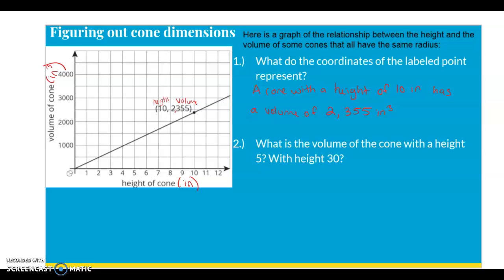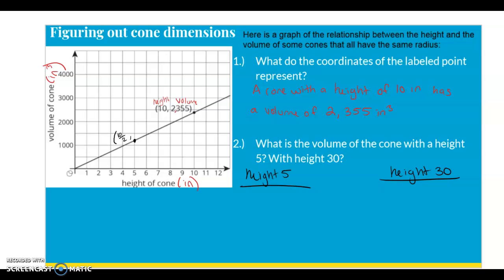All right, so it says, what is the volume of the cone with a height of 5? What about 30? Well, I'm going to separate these. I'm going to do a height of 5 here and a height of 30 over here. So I know that this height is 10, and half of 10 is 5.